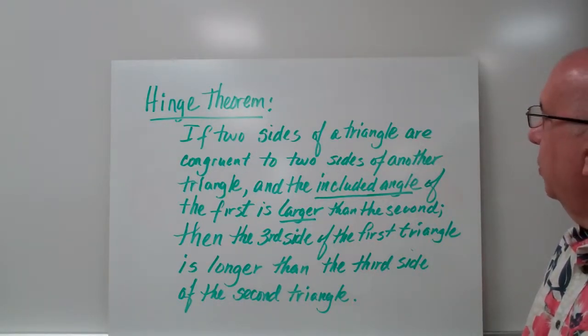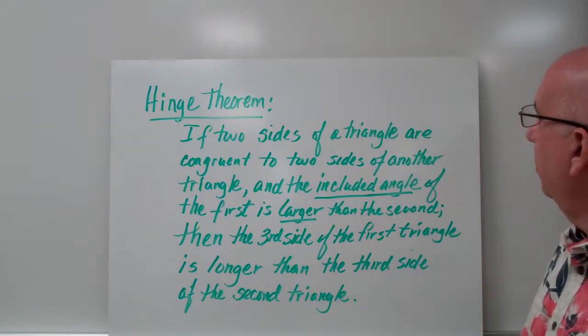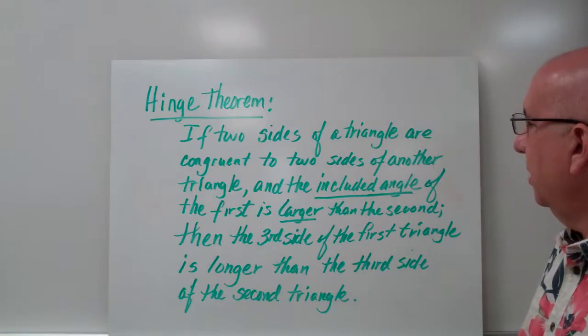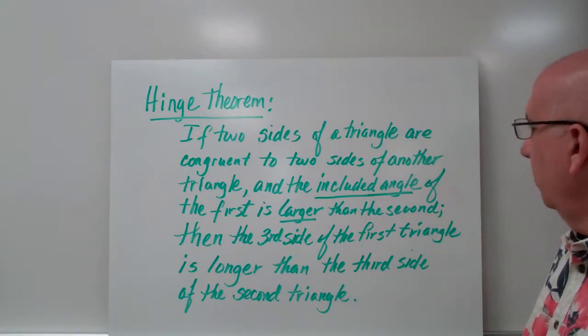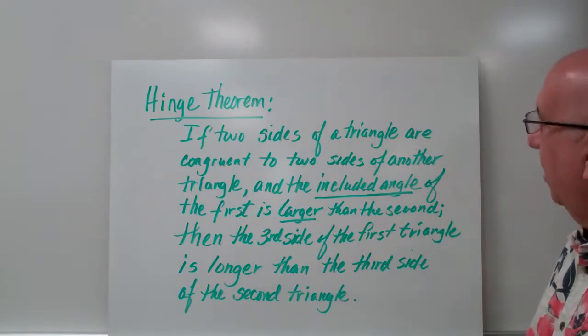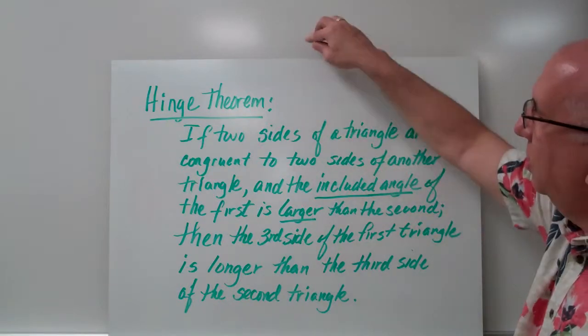If two sides of a triangle are congruent to two sides of another triangle, and the included angle of the first is larger than the second, then the third side of the first triangle is longer than the third side of the second triangle. This is what it means.